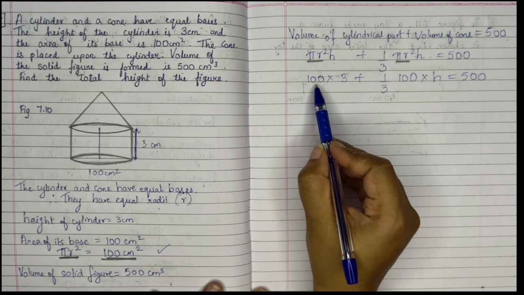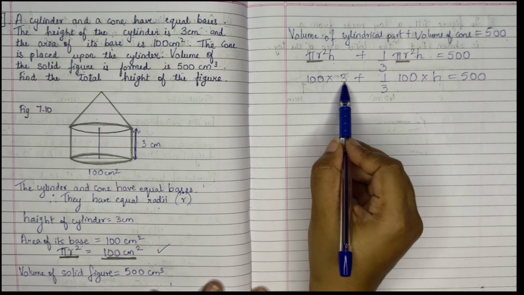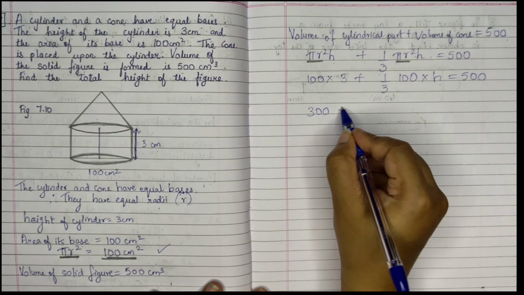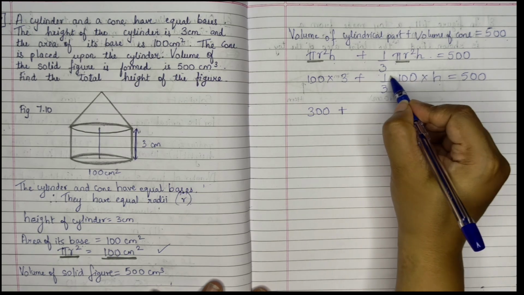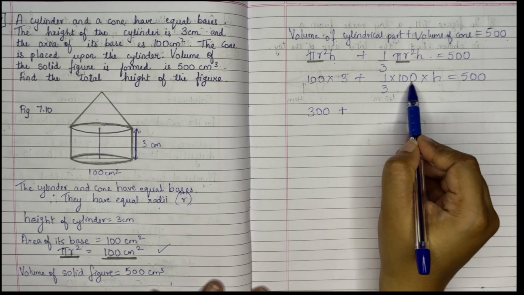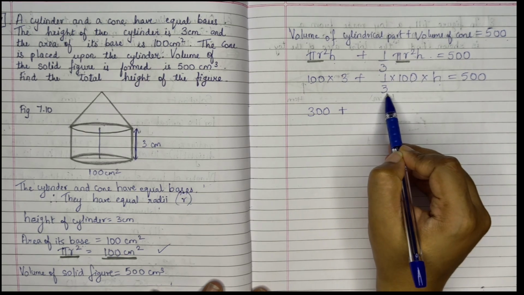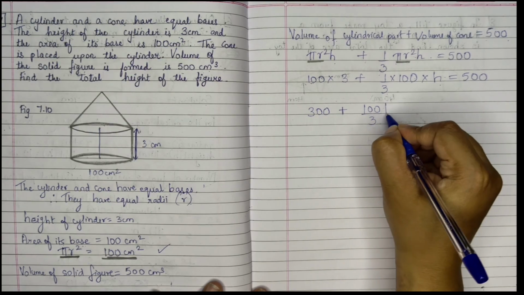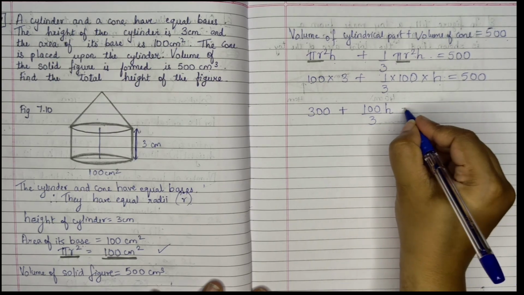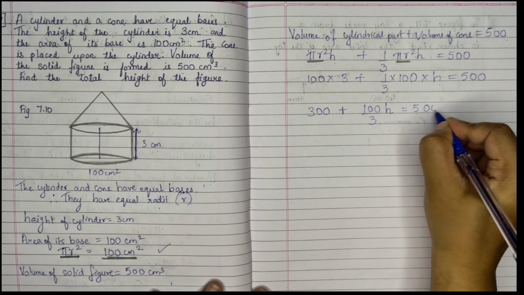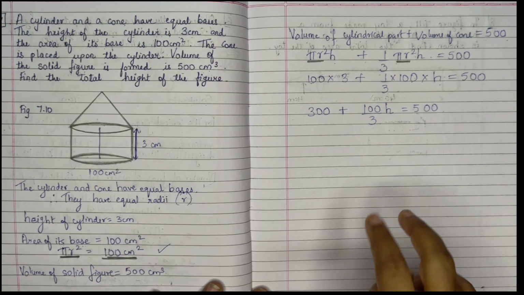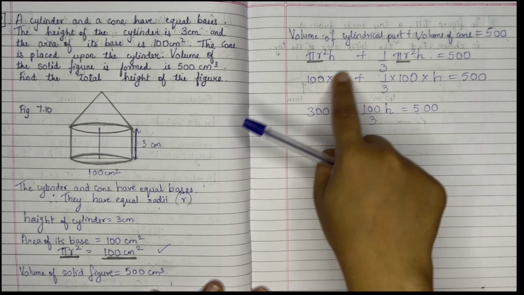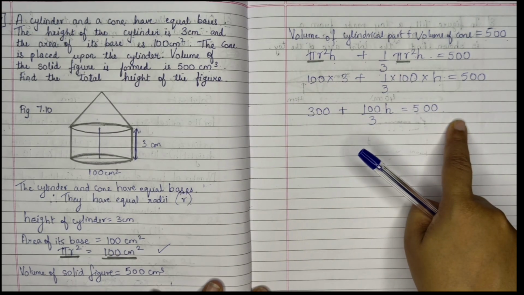Now see here, multiply this. 100 into 3, 300, plus 1 multiplied by 100 will be 100 upon 3, and this h that we have to find, is equal to 500. Now keep this as it is over here, and this 300, when you bring it on the right hand side, will become minus 300.